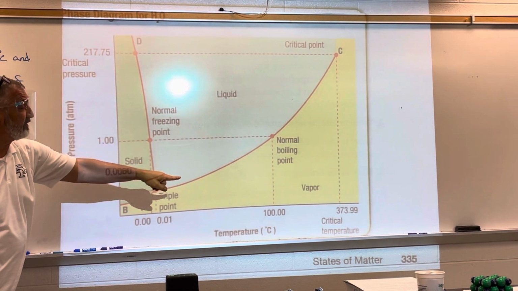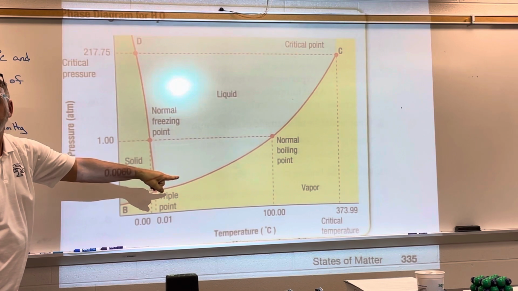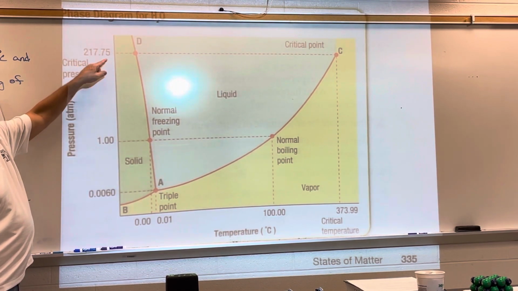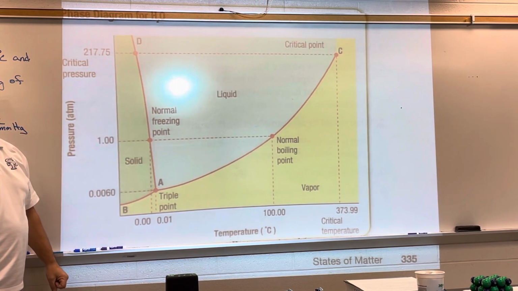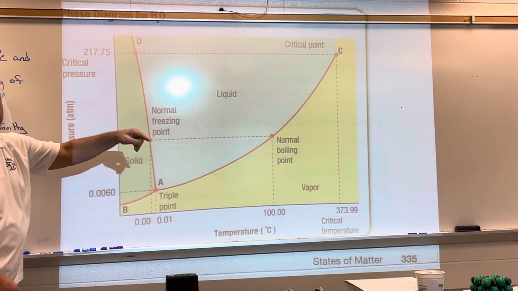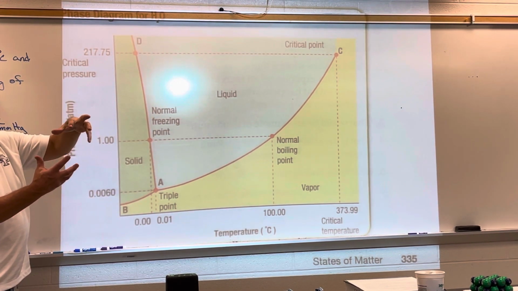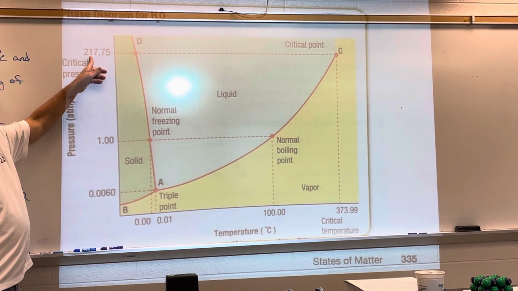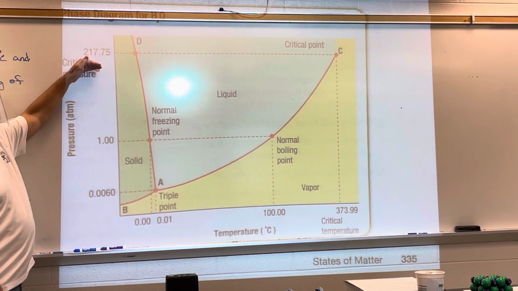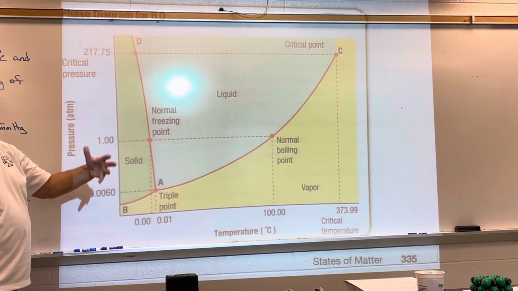You go to 374.00, it doesn't matter if you put 1,000,000 atmospheres, it's turning into a gas. Critical pressure is the minimum pressure that you have to have at the critical temperature to keep it from boiling. You can have more than that, but you have to have at least this much. But above that critical temperature, no matter how much pressure you put on it, it's going to turn into a gas.